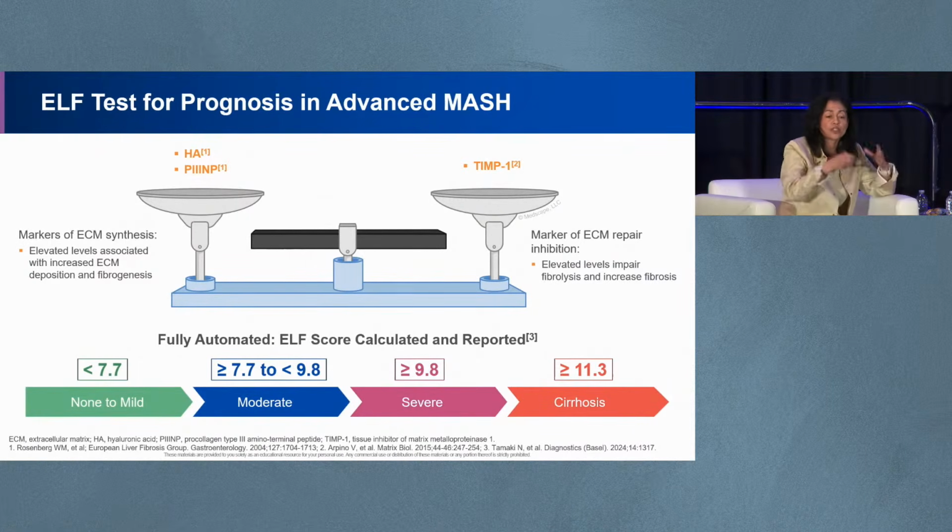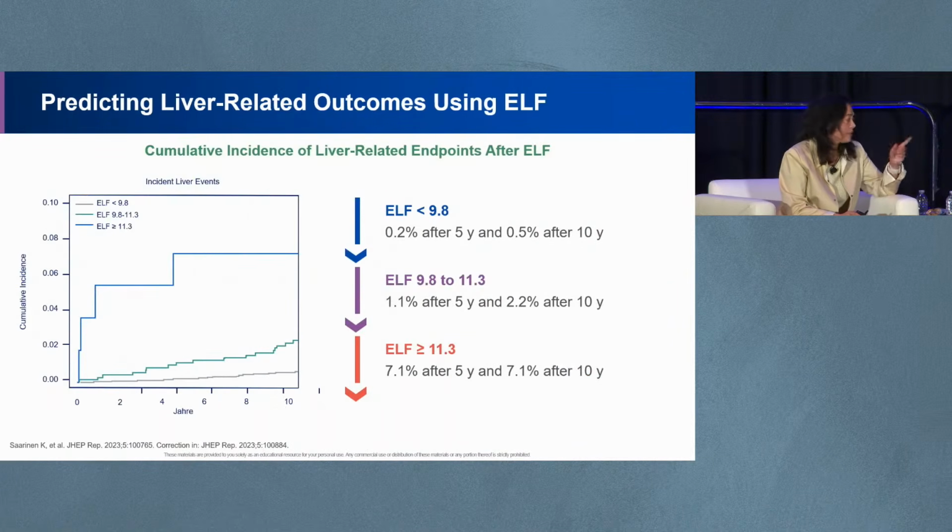So this score includes these biologic markers, and while currently it's FDA approved as a prognostic, where an ELF score greater than 9.8 predicts the progression to cirrhosis, and an ELF score greater than 11.3 predicts a liver decompensating event, I think Arun will share with us in a moment a little bit of data about using it more for staging and diagnostic as opposed to just prognostic.